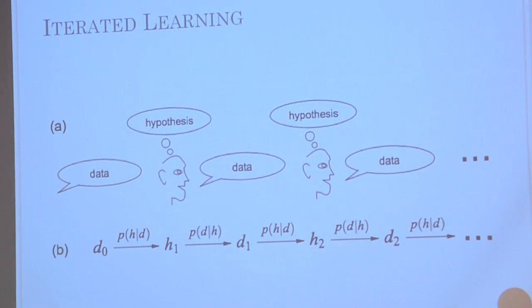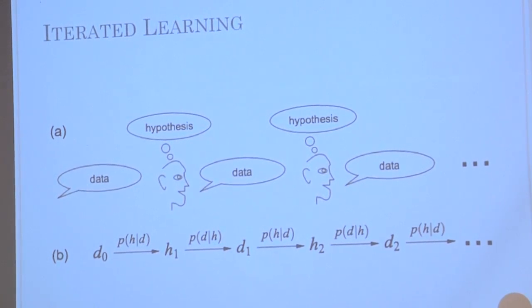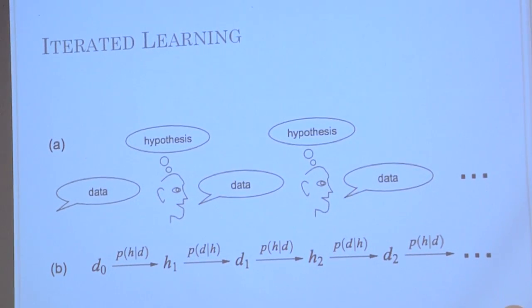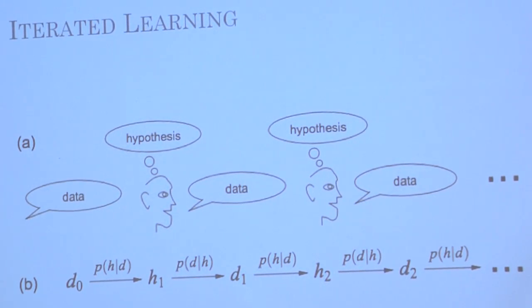So this is called iterated learning. It occurs over time, and essentially this is how language is created. This is how you learn concepts, and this is how the telephone game works, and that's the topic of my honors thesis. But what I'm going to say is that this is how we learn pretty much everything. Think about back from when you're a baby.